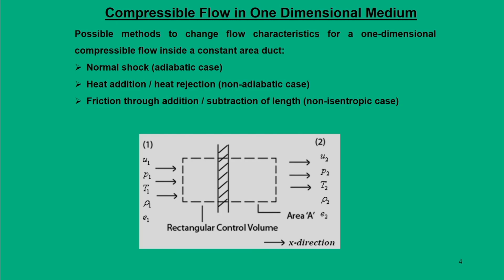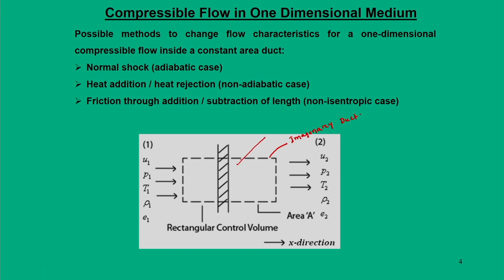Now, in similar logic, we will move to another situation where we have the same one dimensional medium, a rectangular control volume, which is an imaginary duct consisting of large streamlines. But what is the basic difference between the earlier system and this one?